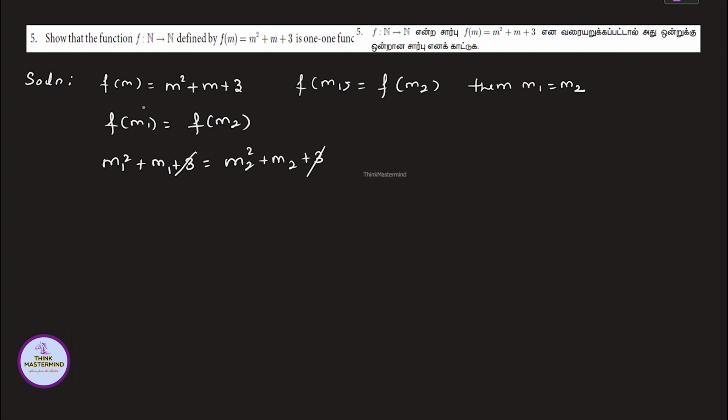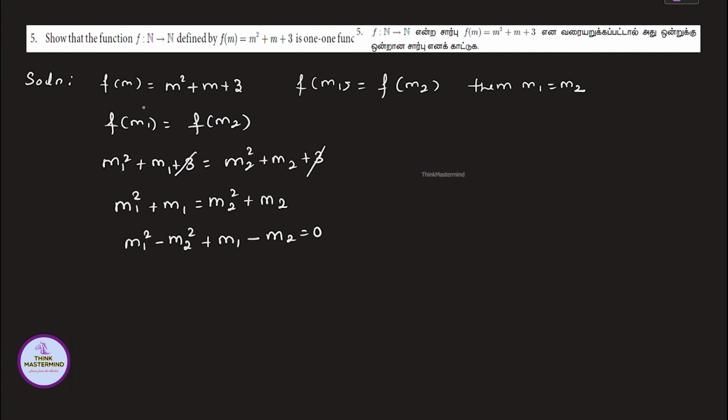So plus 3 minus 3 cancelled, and m1 square plus m1 is equal to m2 square plus m2. Taking everything to one side, that is m1 squared minus m2 square plus m1 minus m2 is equal to 0.